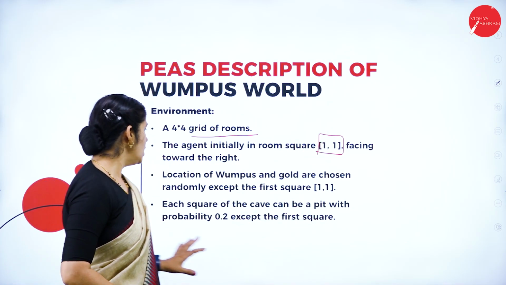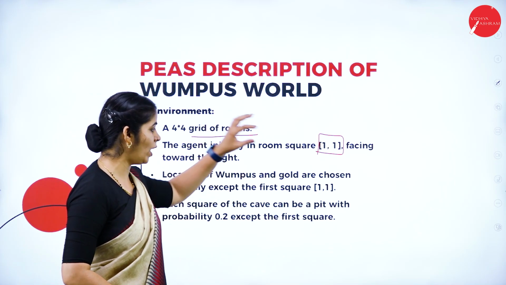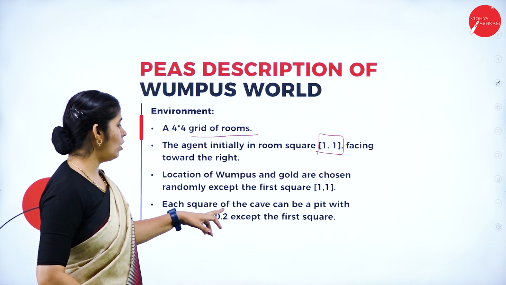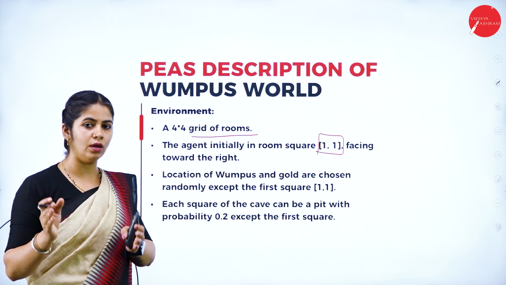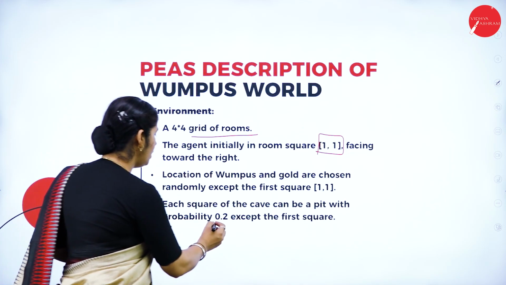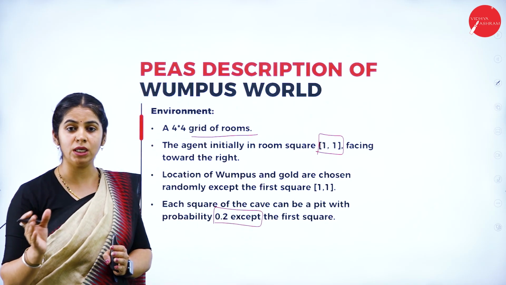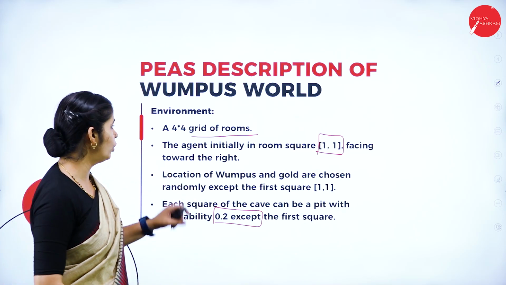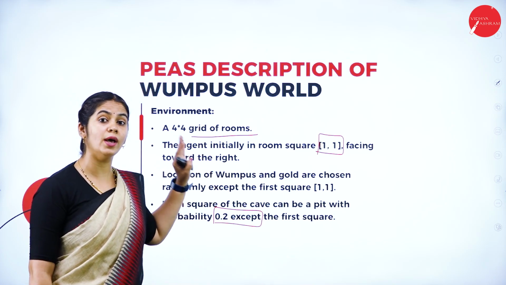He has to find exactly where the Wumpus is located and where the gold is. Each square of the cave can be a pit, with a probability of 0.2. So this is the environment in which the agent is working.